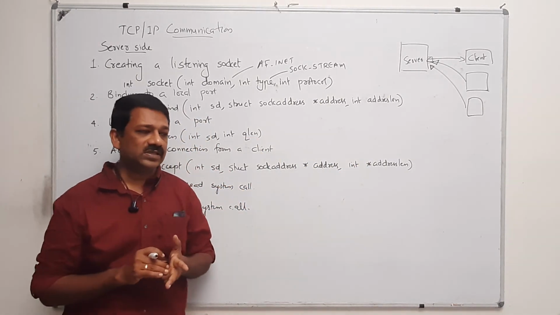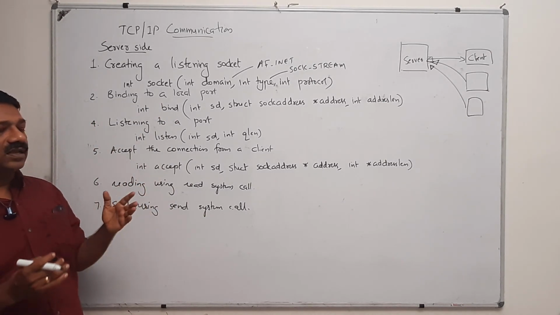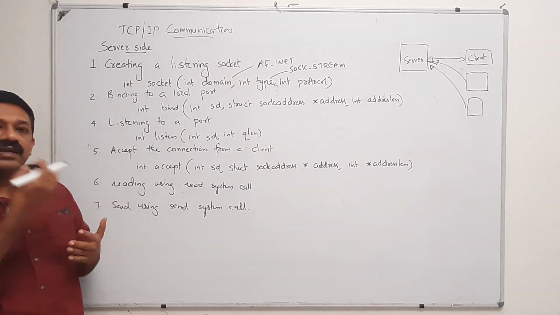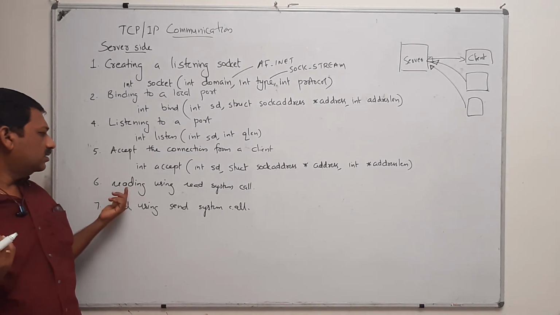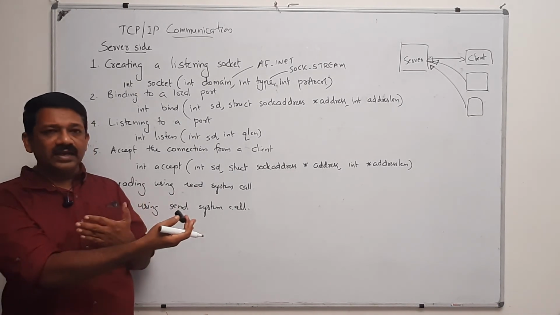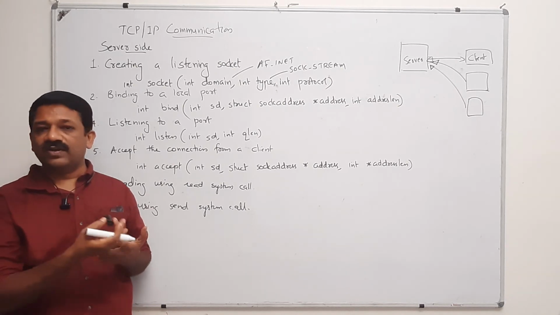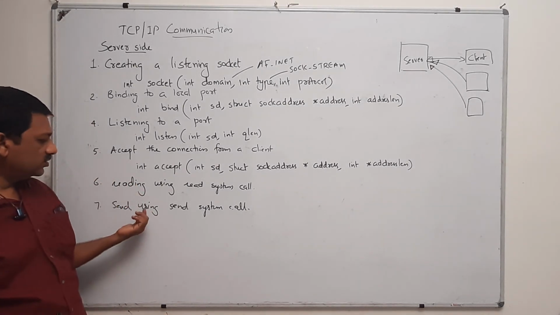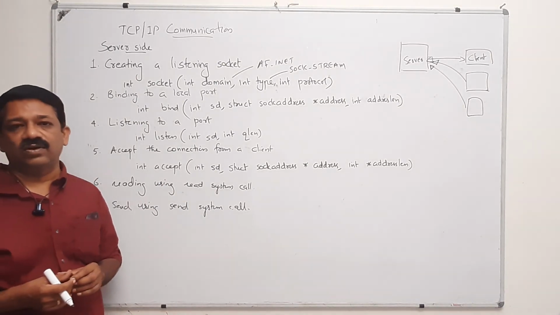After it is accepted, we can send data to the client as well as read data from the client. For reading data you can use the read system call, and for sending you can use the send system call.